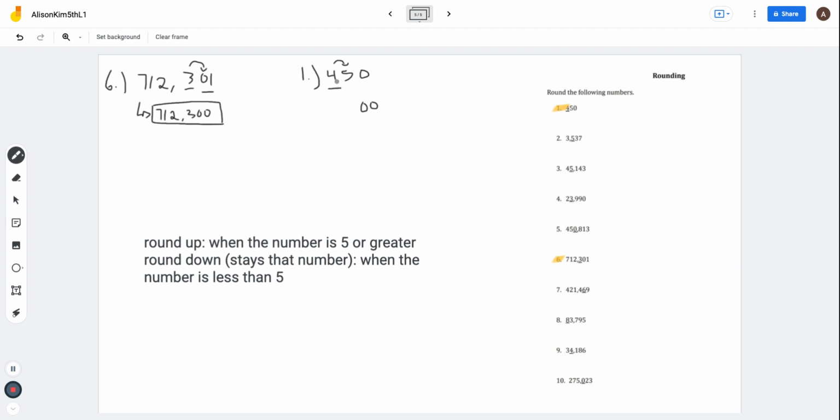So we're going to round 4 into 5. When you round 450 up, you will get 500. And that's what it means when I say when it's 5 or greater, you round up, and when it's less than 5, you round down. So you need to remember these rules when you're rounding.